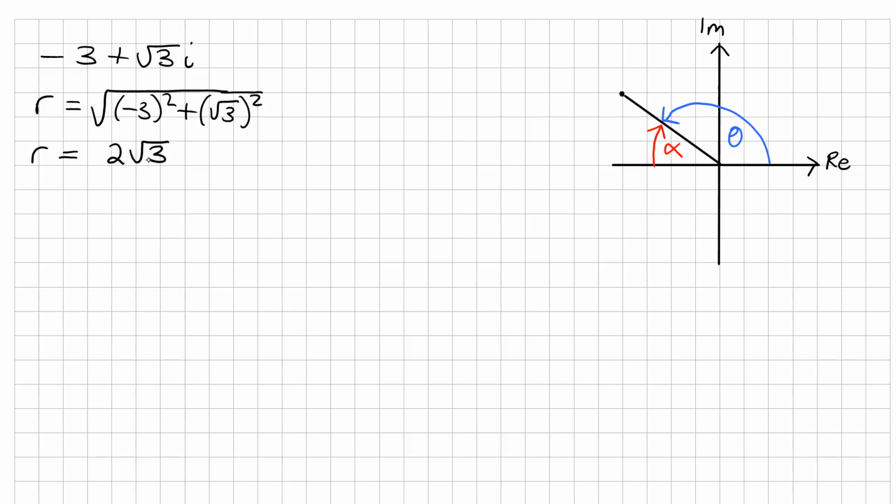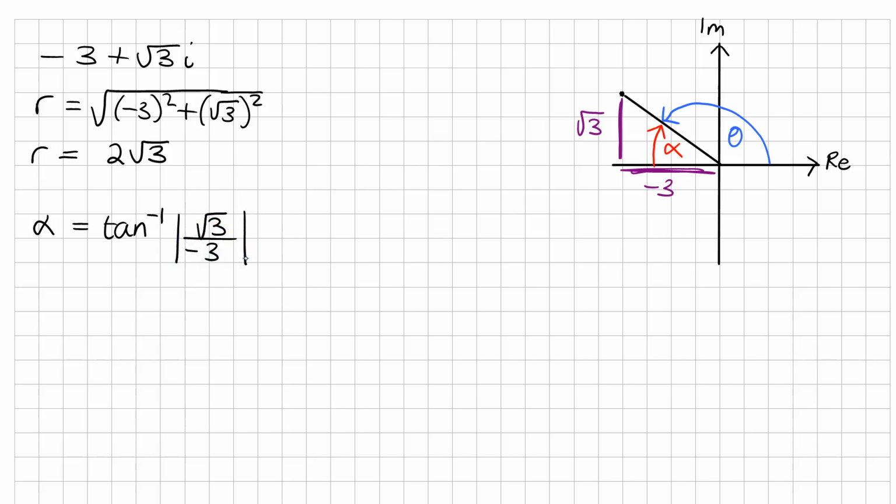Now our argument, well, we proceed as normal with our inverse tan. Because if you still look at this, we still have a triangle over here, even if I complete it. I have this side here, and I have this side here. So I know that the bottom of it is minus 3, and this side of it here is root 3. So again, this corresponds to inverse tan of imaginary over real.